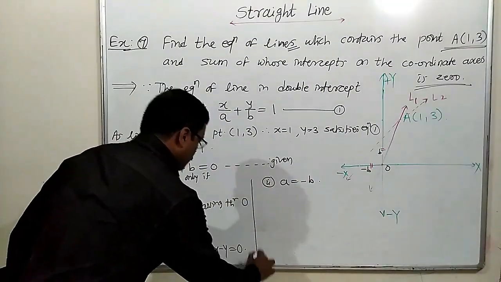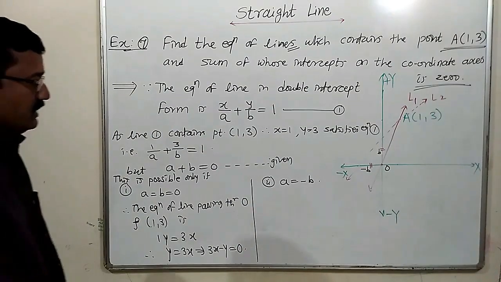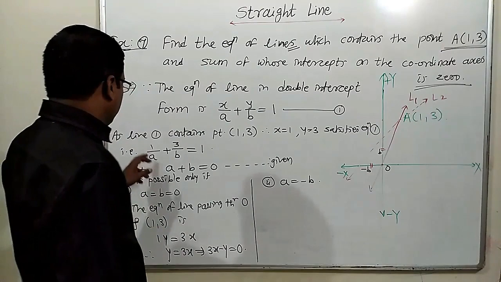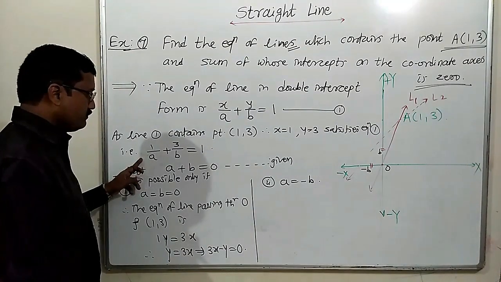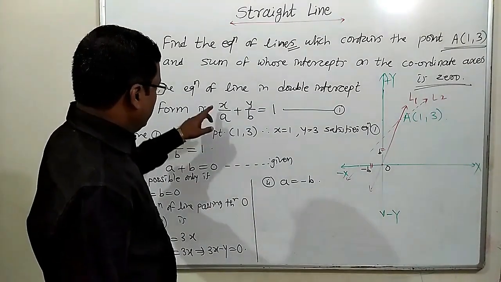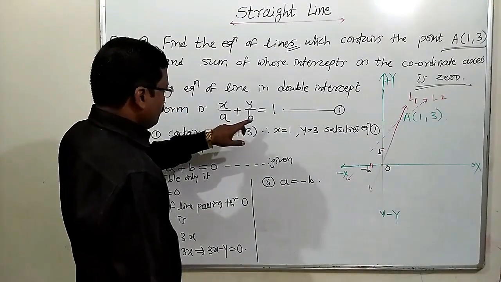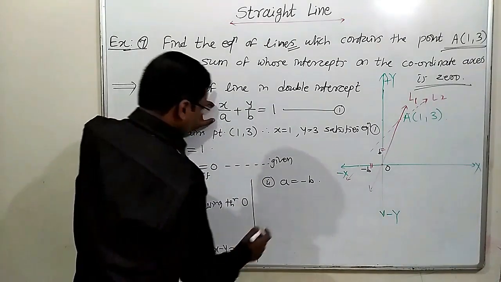Now in case of the second situation, A equal to minus B. The line passes through (1, 3), so we get this equation. Put A equal to minus B in this equation, or B equal to minus A, whatever you can put.